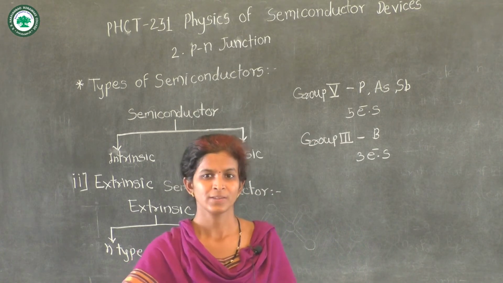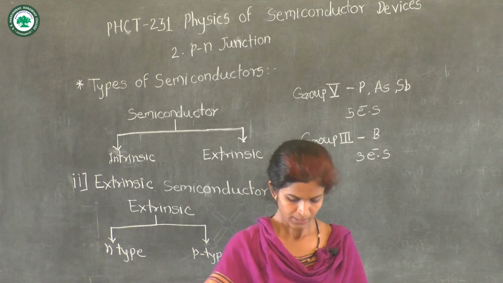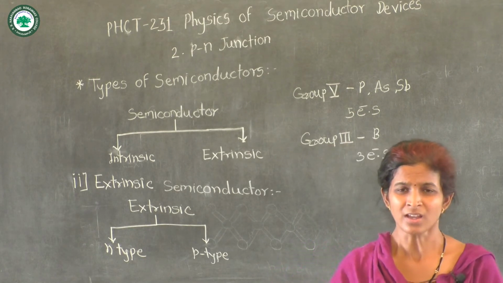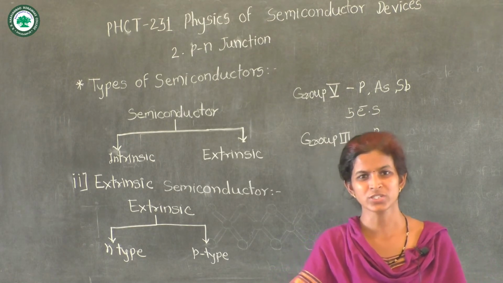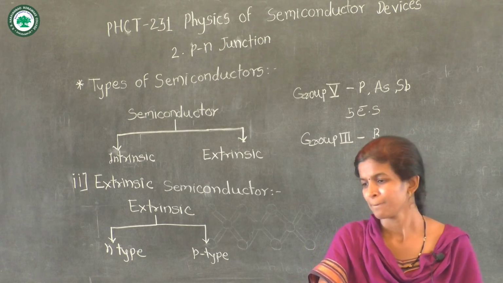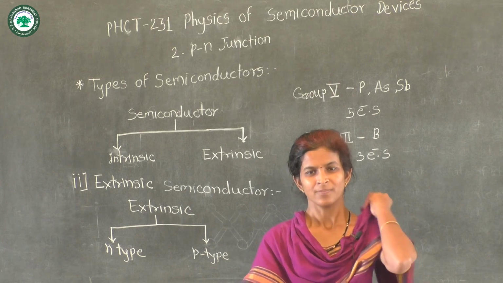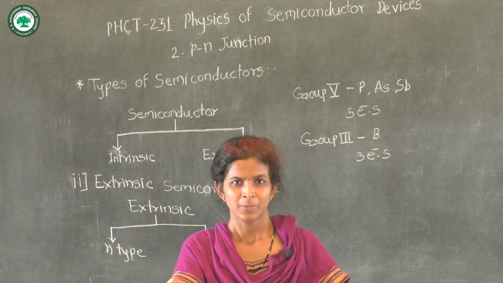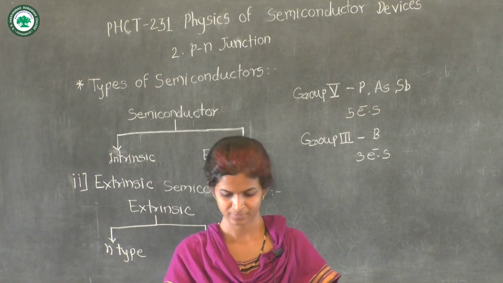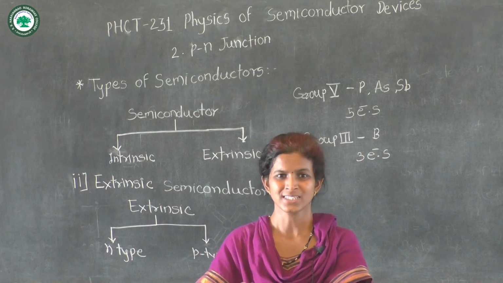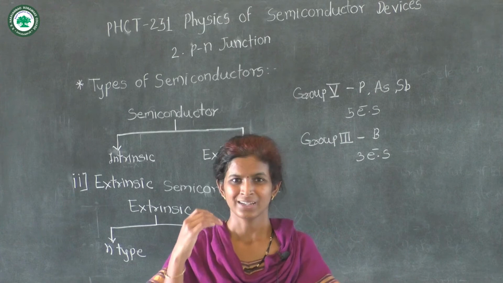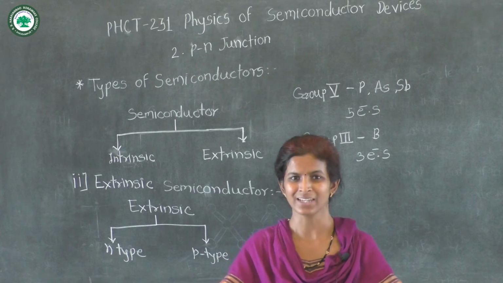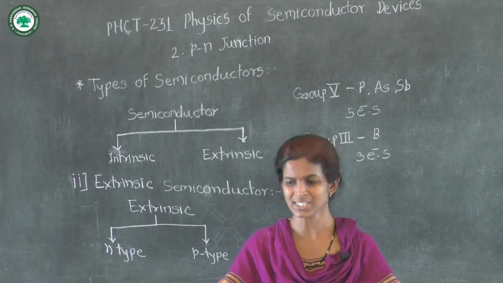So when the impurity is added to the pure semiconductor, then there will be energy levels introduced within the forbidden gap, and due to which a slight change in temperature will make it easy to make transition from the new energy levels to the conduction band very easily.